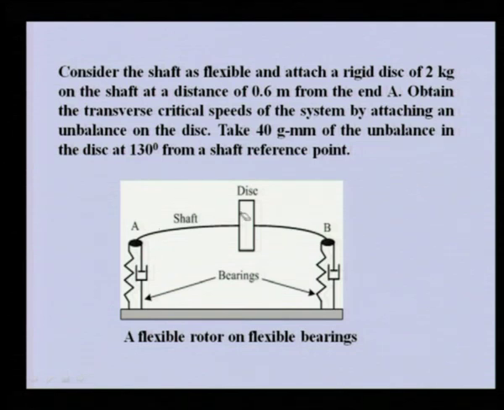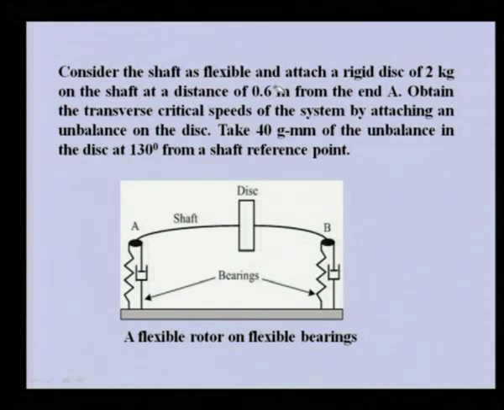Now, we want the unbalanced response of this. Basically, we are interested in finding the critical speed of the system, and in this particular case, the disc is not at the midpoint, because the total length is 1 meter.